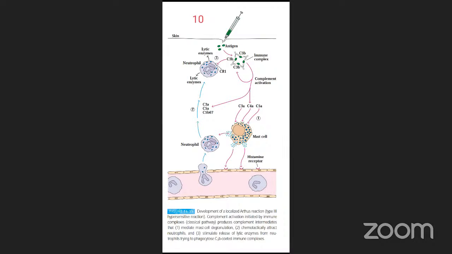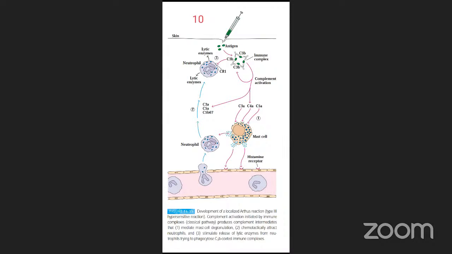Only the second time exposure will induce the activation of the hypersensitive reactions, not only in the first case, but also in the second subsequent reactions. When the subsequent antigen comes and binds with the specific antibodies, we can say this is an immune complex, antigen antibody complex.